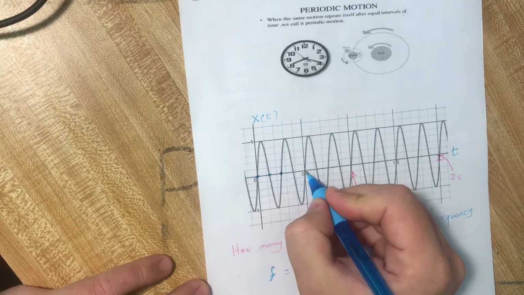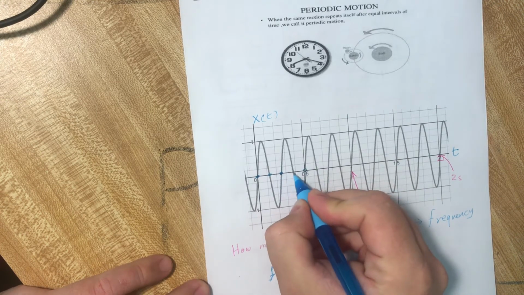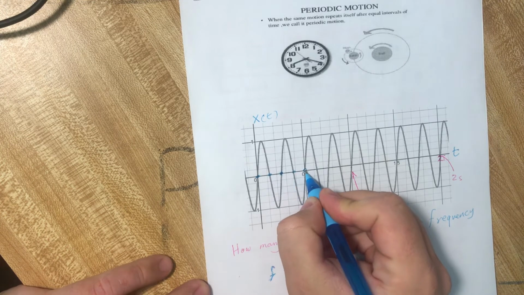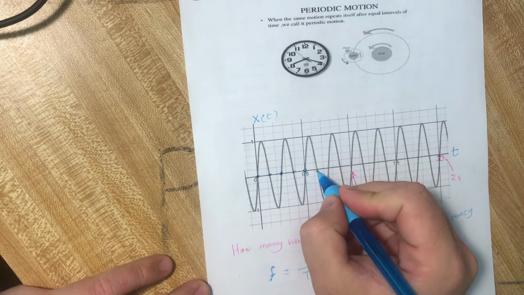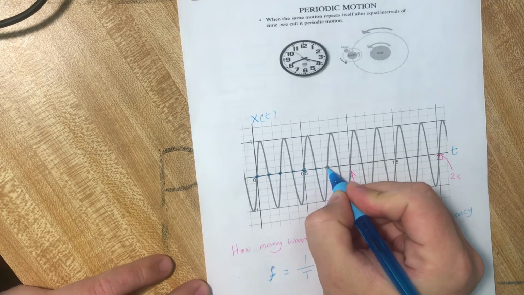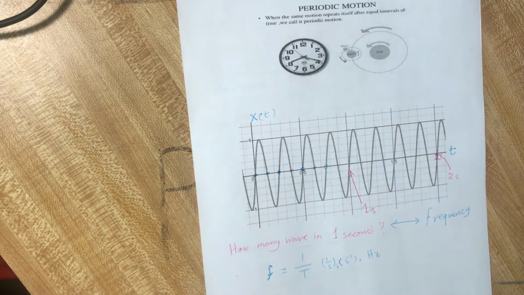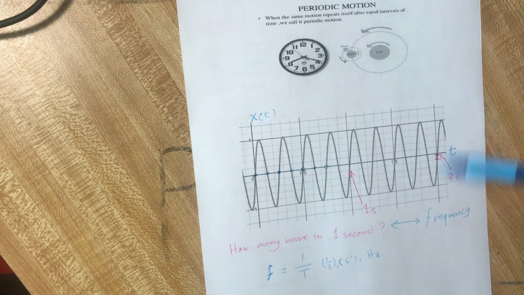So each wave has the first 0, the second 0, and the third 0 does not belong to it, because it is for the next wave. Okay? These waves are oscillating in time.